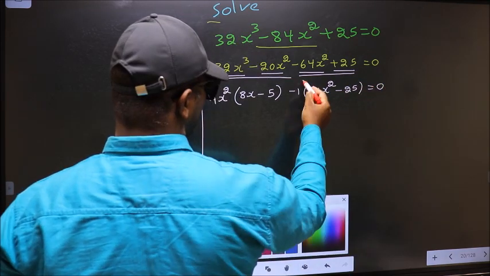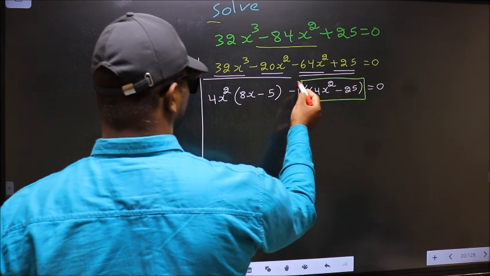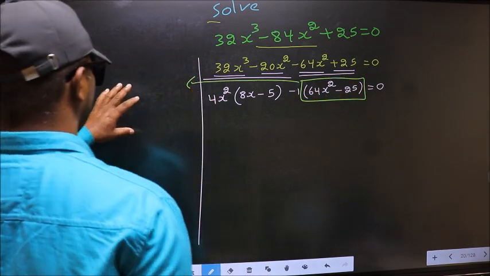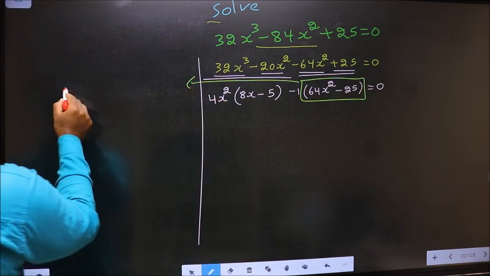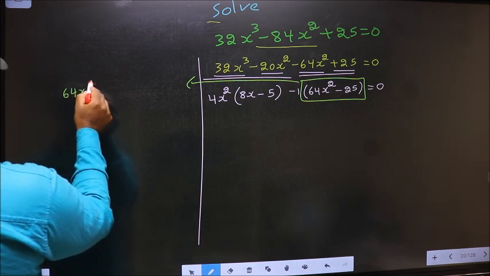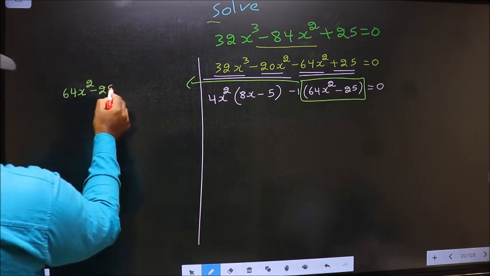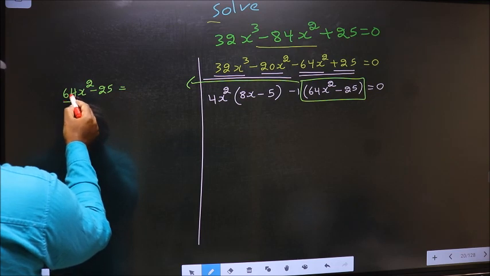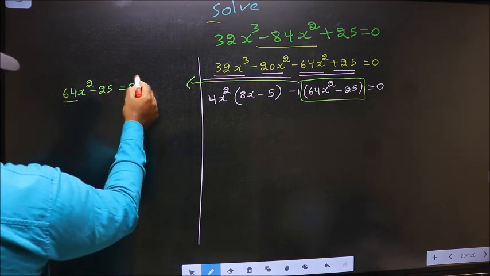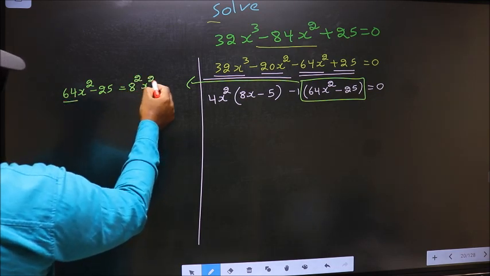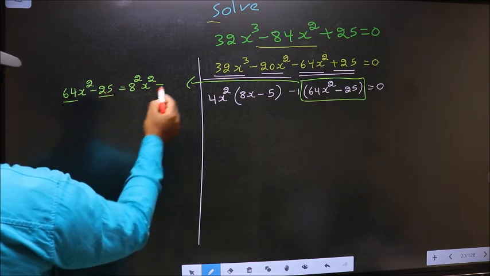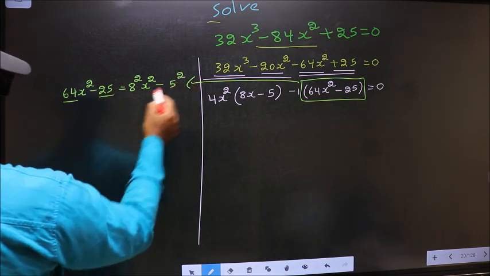Now this quadratic, I will simplify it here, that is 64x square minus 25. In place of 64 I write 8 square x square, minus, in place of 25, 5 square.